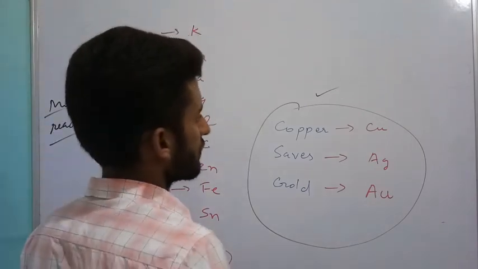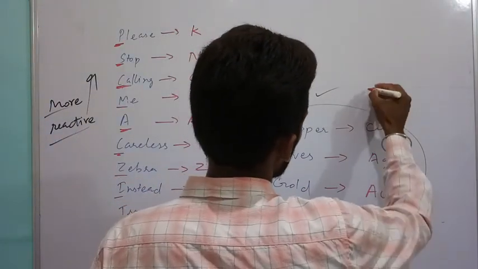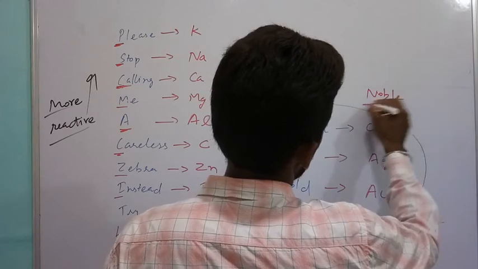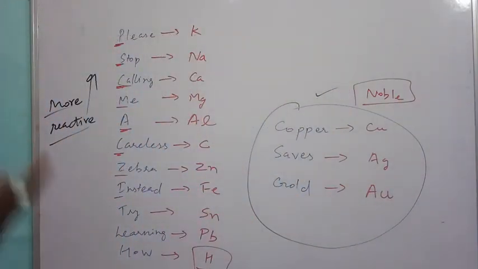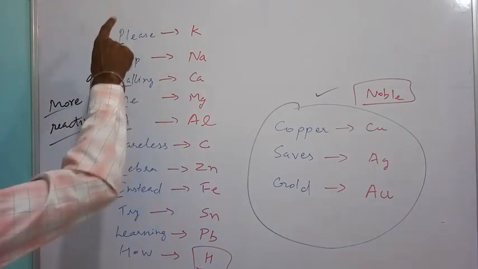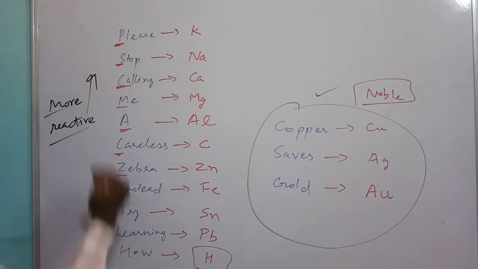These are known as very noble metals, and they do not evolve hydrogen. All the rest give out hydrogen, but the condition is that as you move to the top reactivity increases, and as you move down reactivity declines. So this is the basis.